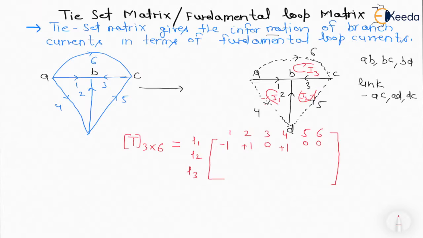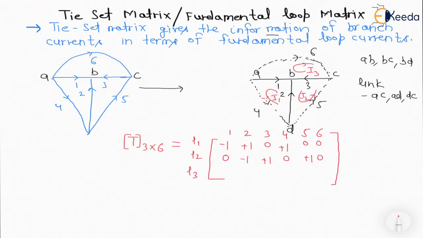For the second loop, 5 is in direction with I2, so here plus 1, and 3 is in direction with I2, so plus 1, and 2 is in opposite direction, so here it will be minus 1. The rest of them will be 0, 0, 0.